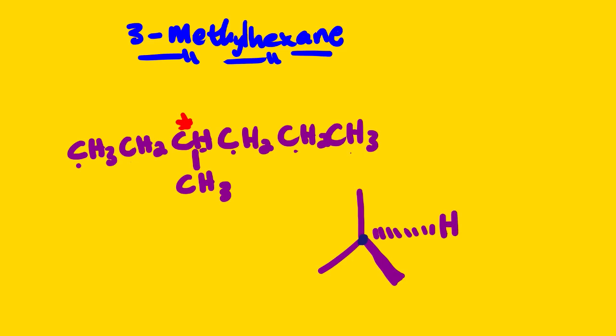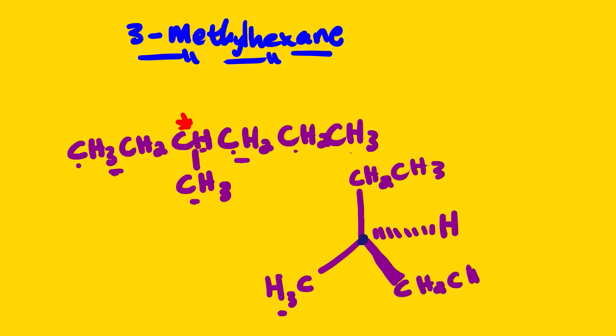And then we can put the methyl here, and then the ethyl, this part we can put here, CH2, CH3. Actually it was supposed to be the other way around. It's CH2, CH3, and then this part we can put towards CH2, CH2, CH3.